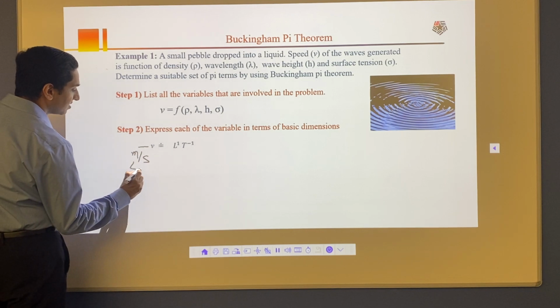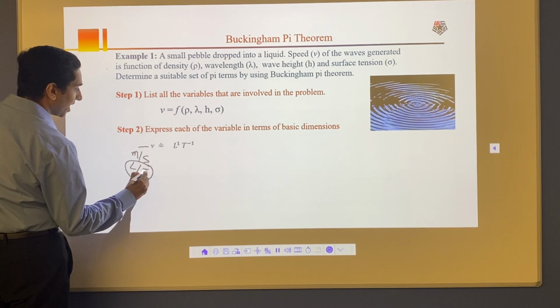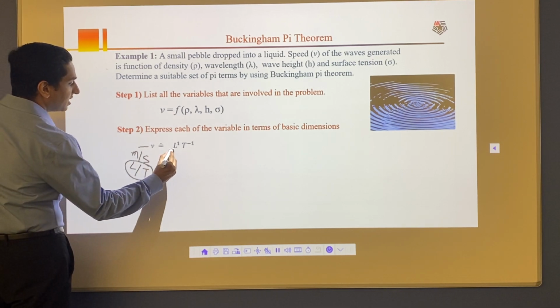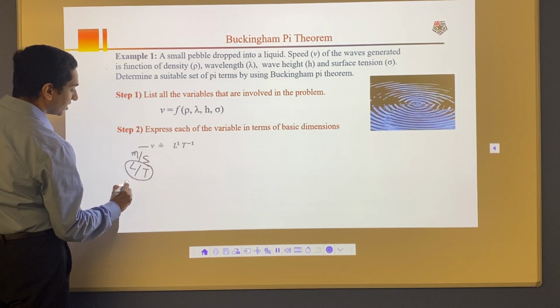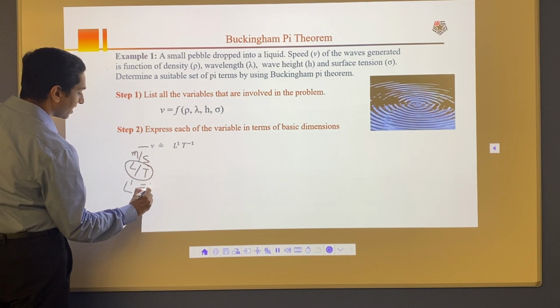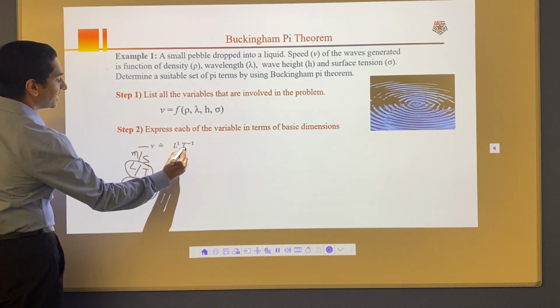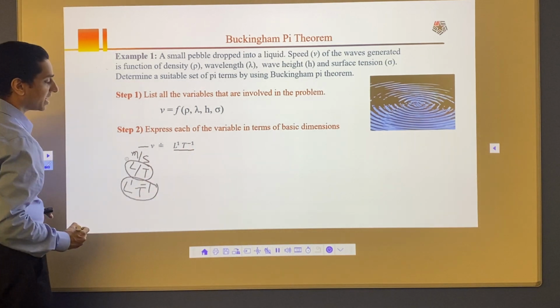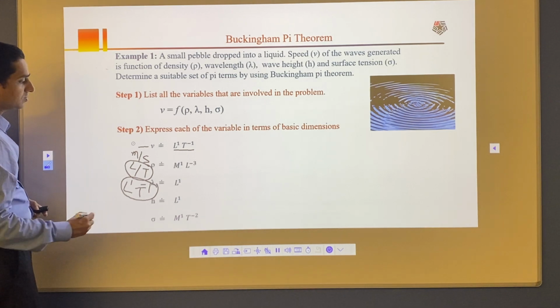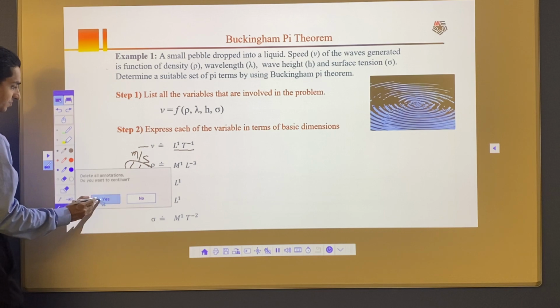Meter is length, s is time, so I'm going to write it as L1 T minus 1. Here I get L1, and this is a denominator, so T minus 1, and that's my basic dimensions. I'm going to write that here, L1 T minus 1. Now the others I'm also going to write as dimensions.